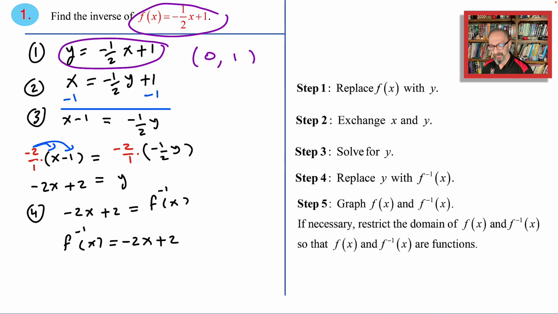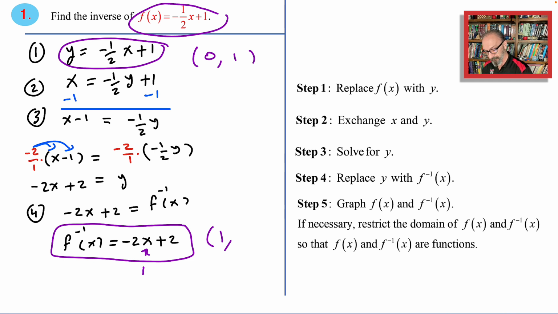Now in the inverse down below, if we plug in 1, we should get back 0. To plug in 1 right here, I get negative 2 times 1, which is negative 2. Negative 2 plus 2 is 0. Just to verify that. Yes, we are in the inverse mode.